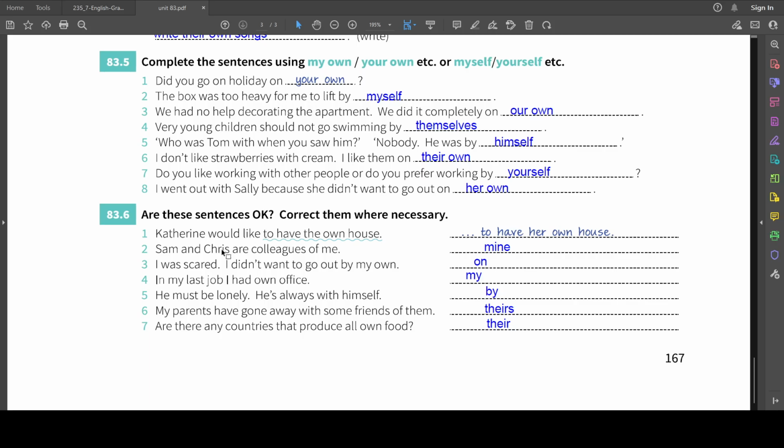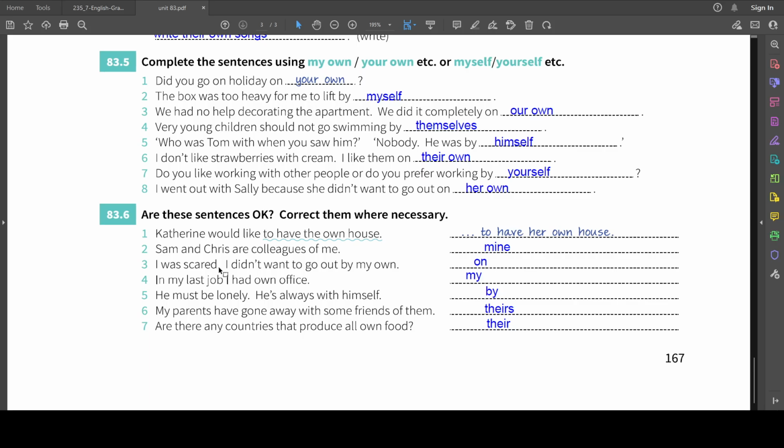I was scared. I didn't want to go out by my own. So this is wrong. The correct answer is I was scared. I didn't want to go out on my own. On my own. Okay.